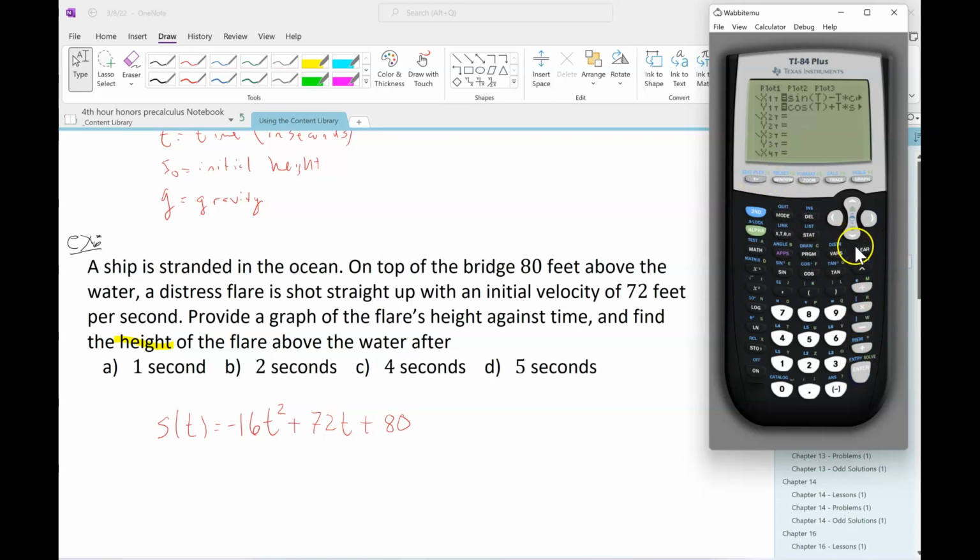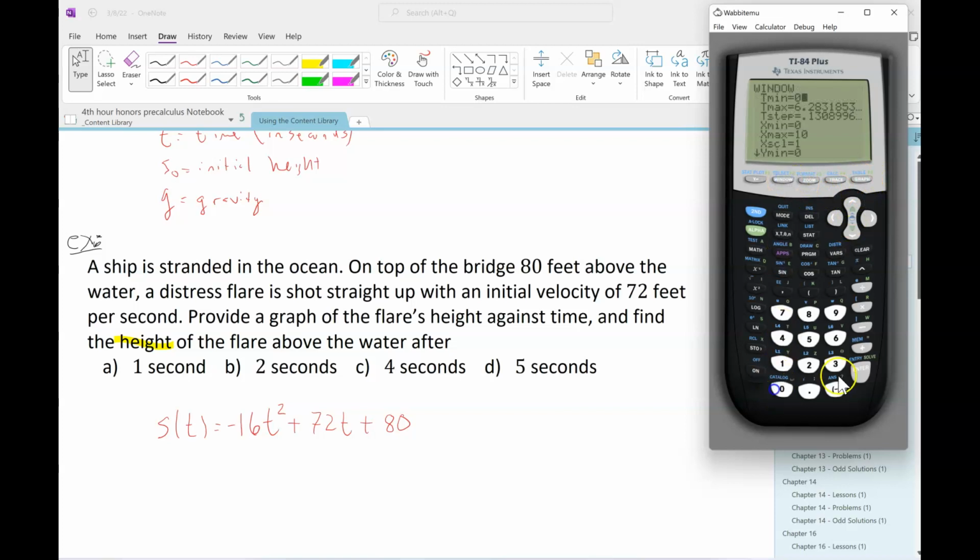So maybe we'd start by writing the parameterization of what we have here. We'll make x our t, and then negative 16t squared plus 72t plus 80.